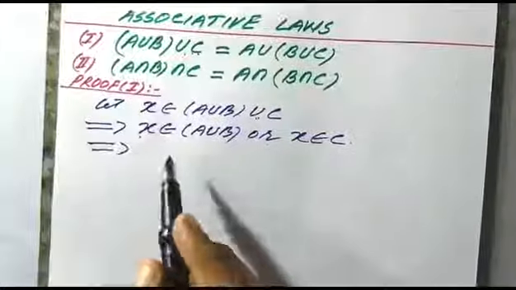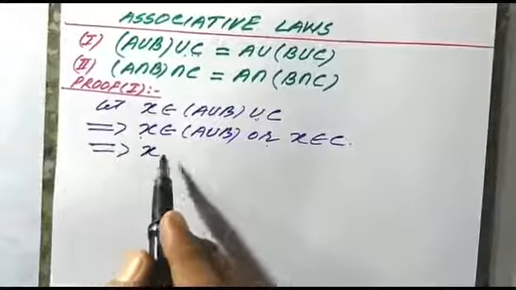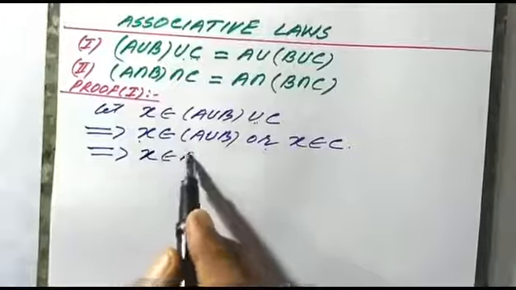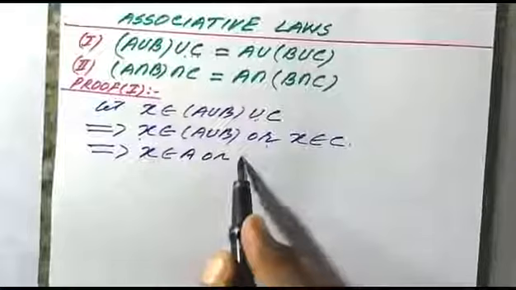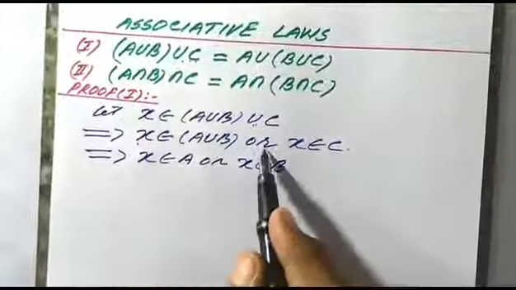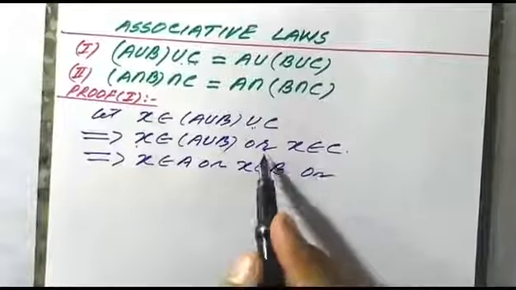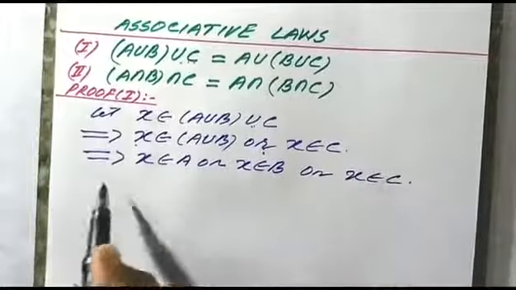So next, X belongs to A union B may also be written as X belongs to A or X belongs to B. And the next, this OR as it is, this X belongs to C as it is.